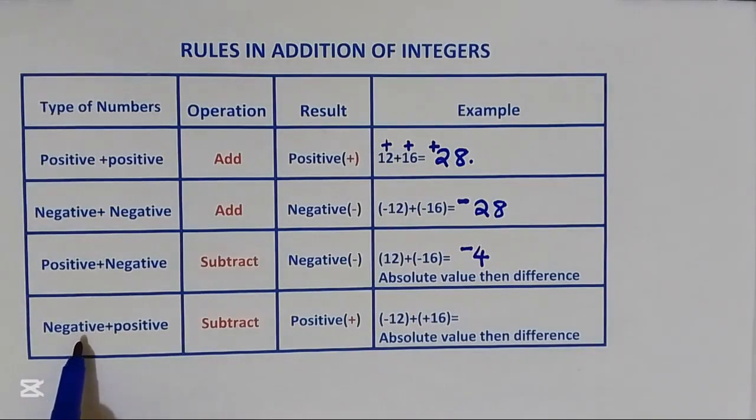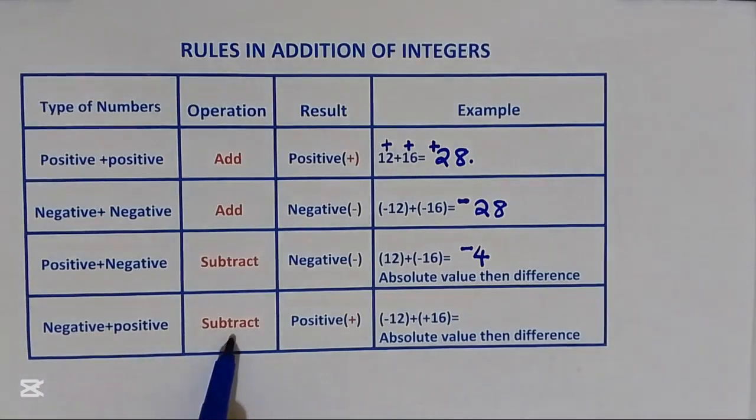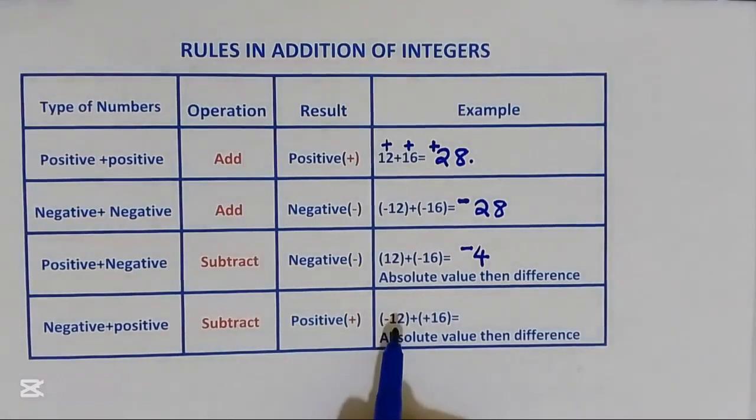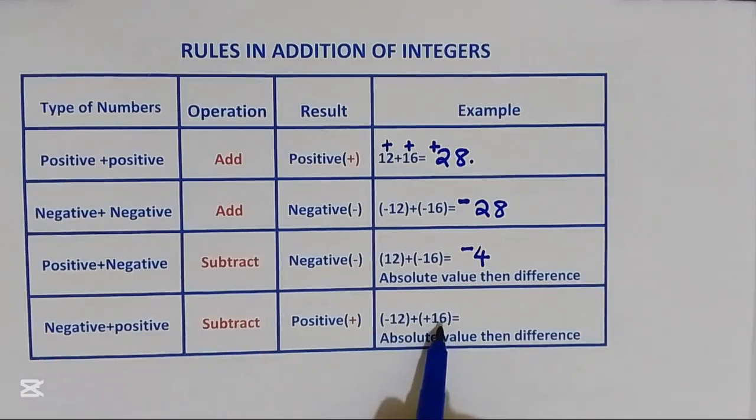Let us see when we have a negative number plus a positive number. Again, we are going to find the difference. That is, we take the absolute value of minus 12, that is going to be 12, and the absolute value of 16, that is going to be 16 positive. After that, we find the difference.